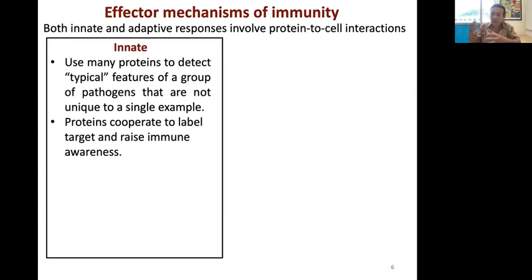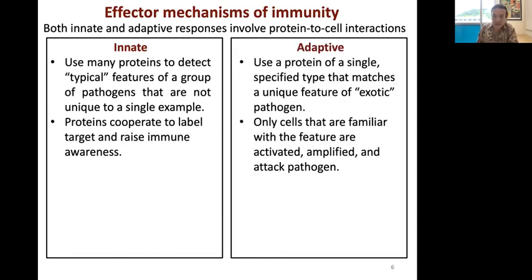Right? And then these proteins can cooperate to do things like very quickly bind to the target and serve as a label that actually highlights the fact, yeah, we have here a pathogen. And then you have immune cells that then are geared up to automatically just go ahead and take care of it.